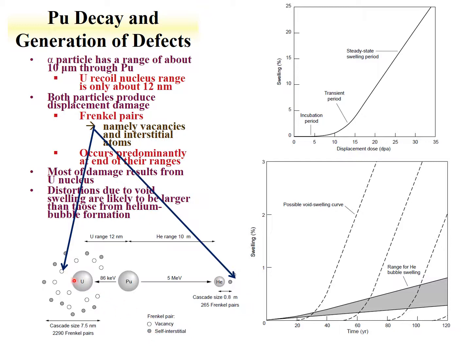So vacancies are just holes where an atom should be, and an interstitial is an atom sitting in a place where it shouldn't be. These pairs are formed, they coalesce together, and as we see here, there's a smaller amount of energy, shorter range, but many more Frenkel pairs, about an order of magnitude more, are produced from the uranium recoil.